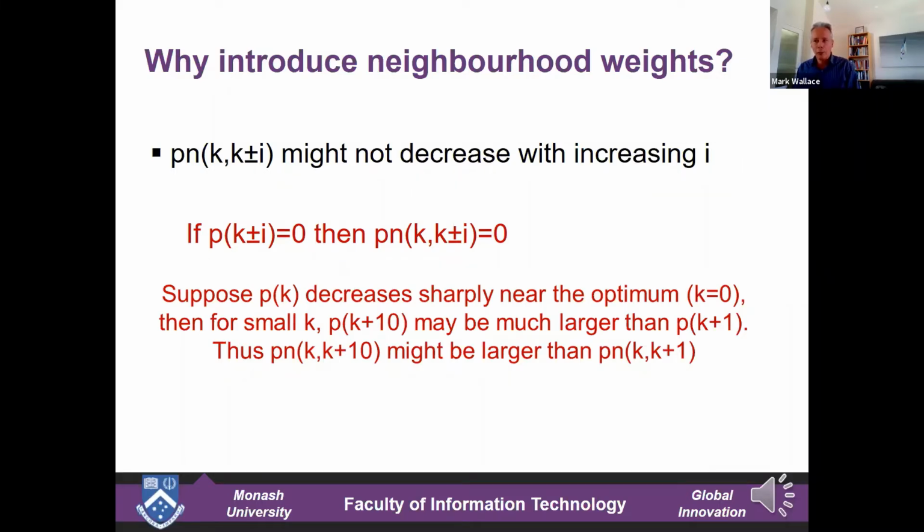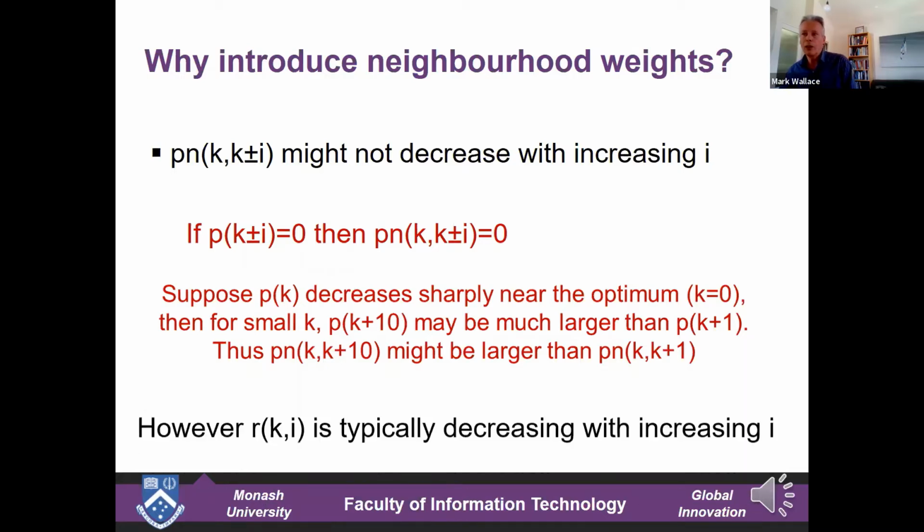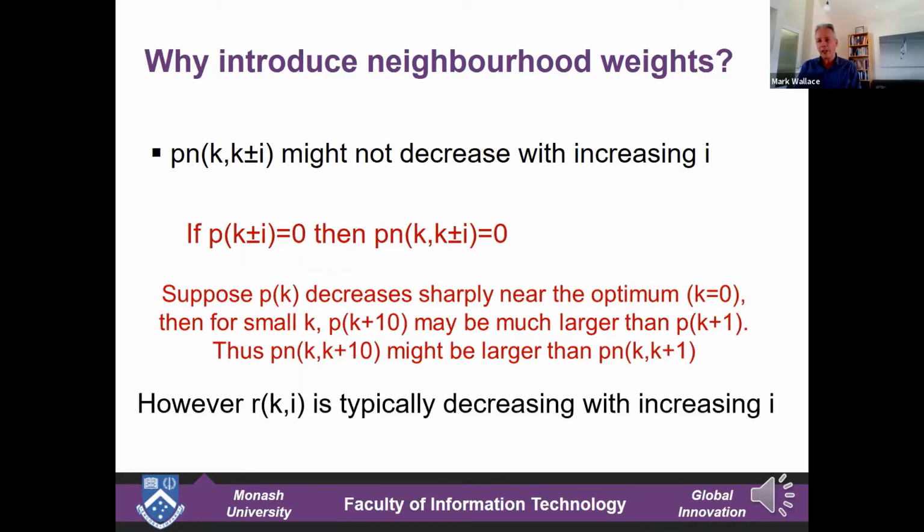And this means that because there are so few points near the current point, then PN K plus 1 might be very small, although PN K plus 10 is larger. So the important point is that RKI is typically decreasing with increasing I. And that's an important point that's fundamentally underlying the proofs we're going to make that neighbourhood search works.